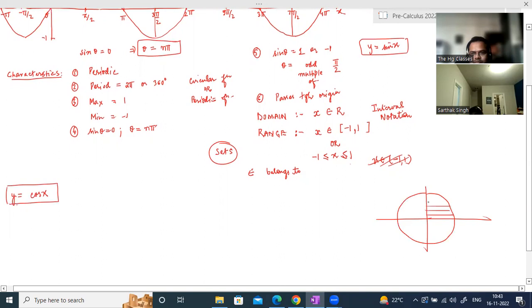The x starts at its peak at 0, and then it gradually gets smaller until it reaches -1 or 180 degrees. That's its minimum. But it will also become zero at 90, and then it will start increasing on the negative side and become -1.